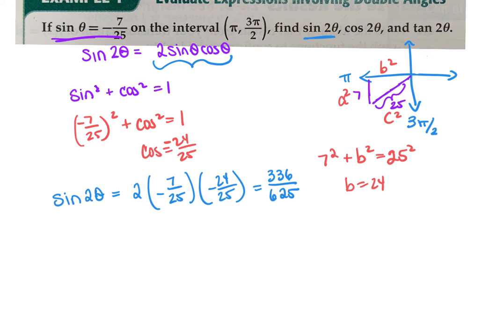So, but either way, with cosine, you have 3 different options. So they also want this guy, cosine of 2 theta. You can say cosine squared minus sine squared, 2 cosine squared minus 1, or 1 minus 2 sine squared. Those are my 3 options. It does not matter which one you do.